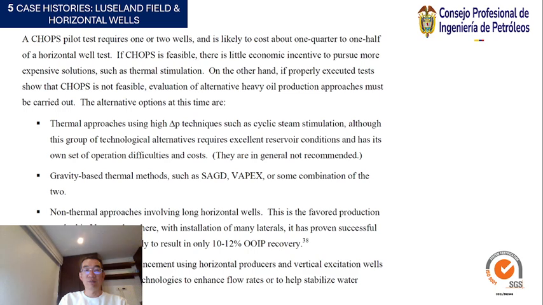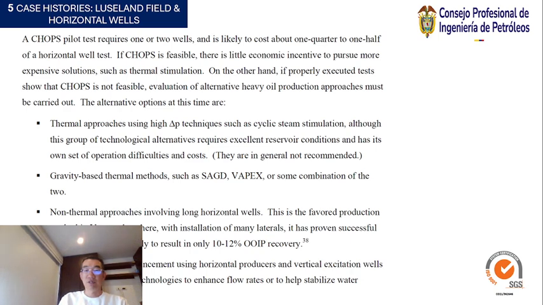Gravity-based thermal methods such as SAGD, VAPEX, or some combination of the two. Non-thermal approaches involving long horizontal wells.